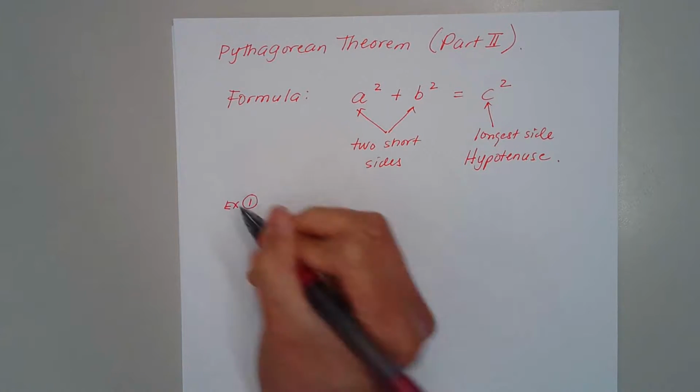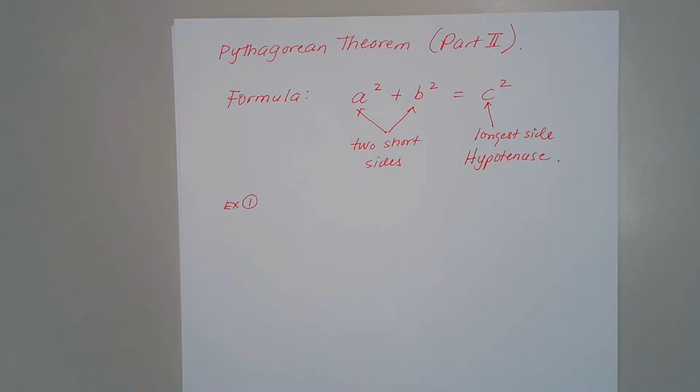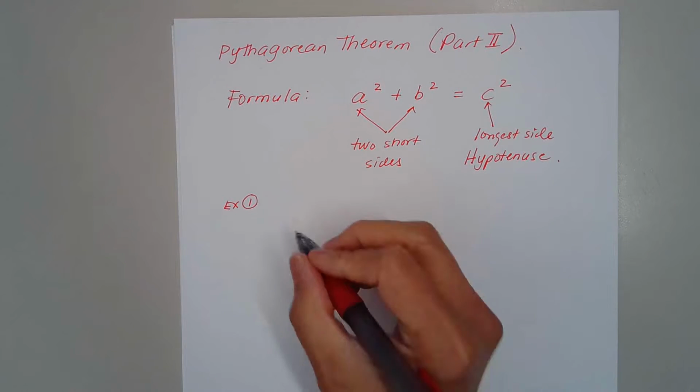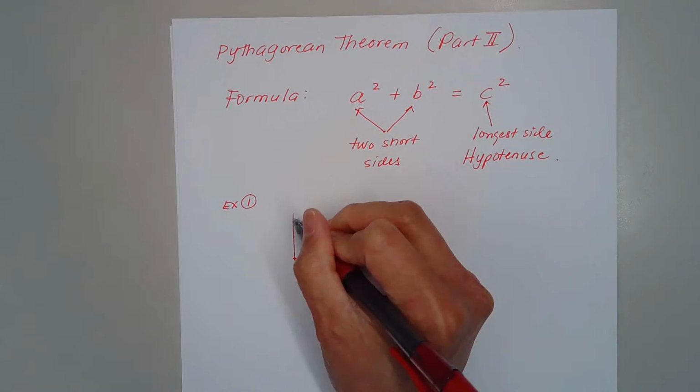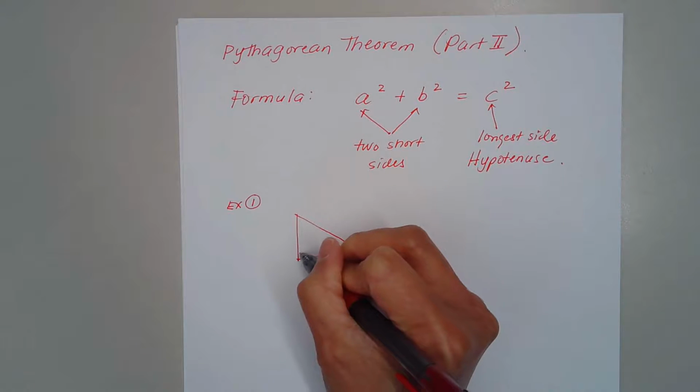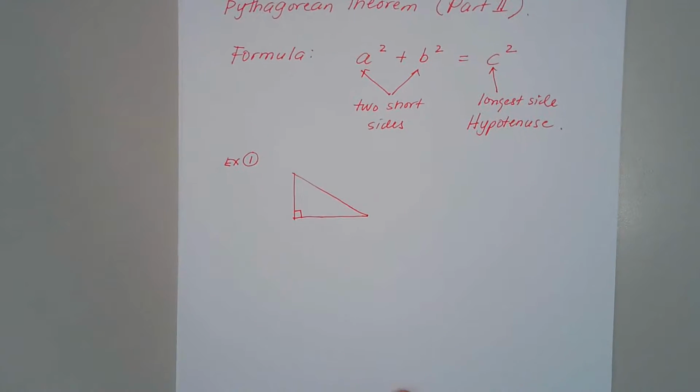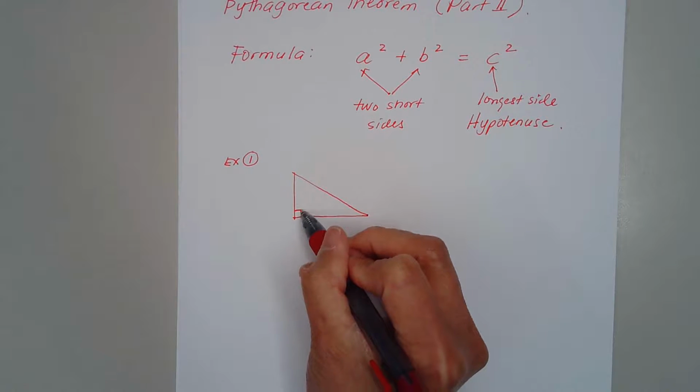Okay, so a squared plus b squared equals c squared. What we're going to do is we're just going to do a few examples in here. So let's create our right triangle in here. This is my 90-degree angle right there.